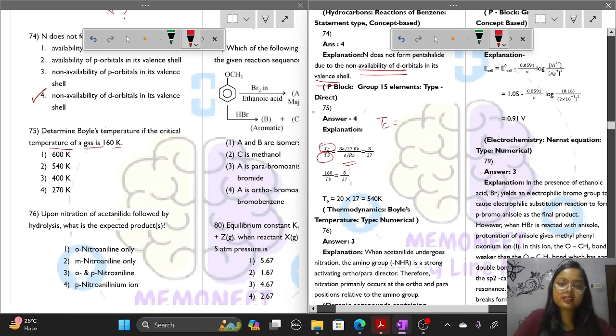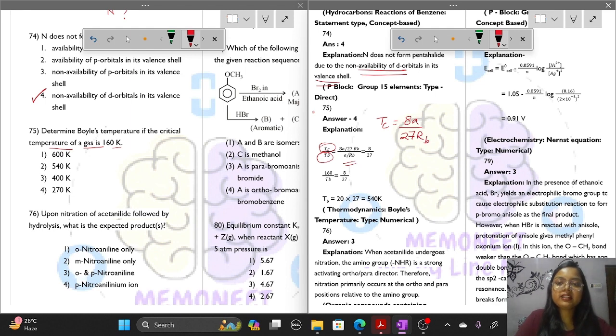Tc is 8a by 27Rb, and Tb is a by Rb. On taking the ratio, it comes out to be 8 by 27. Tc value is given here as 160 Kelvin and we have to find Tb. So on solving, we will find Tb as 540 Kelvin.